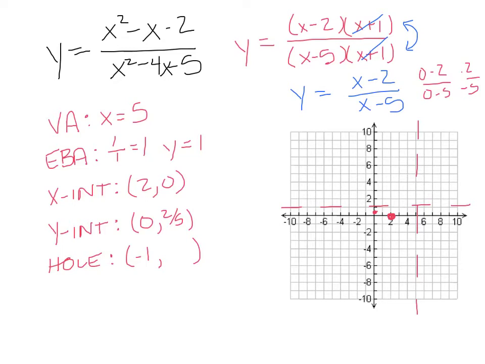You can plug it into the simplified function or the original function. It really doesn't matter. I like the simplified function, so I'm going to do that. I would have negative 1 minus 2 over negative 1 minus 5, which gets me negative 3 over negative 6, which is 1/2. So I have a hole at the point (negative 1, 1/2).